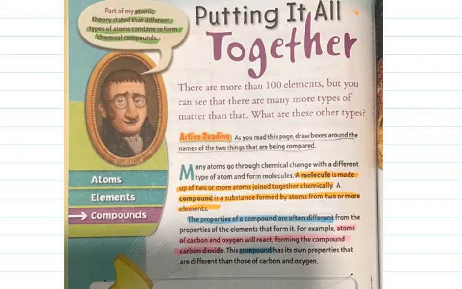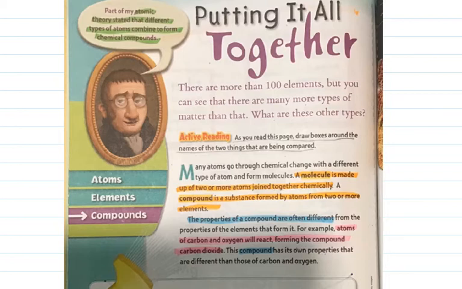Before we discuss a little bit about that, I want to read the bubble at the top of the page. Part of my atomic theory stated that different types of atoms combine to form chemical compounds. Hold up.